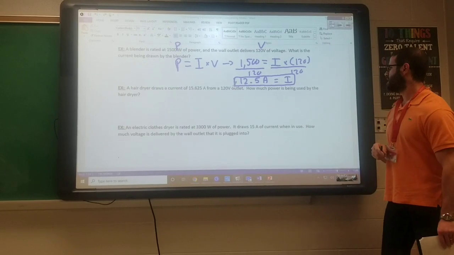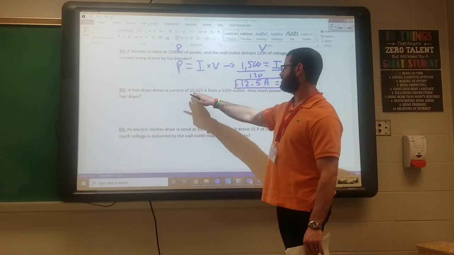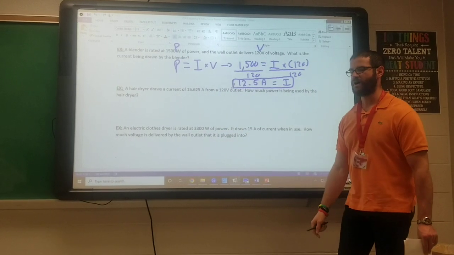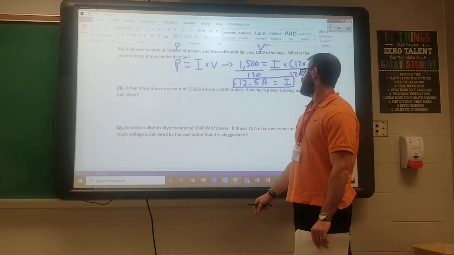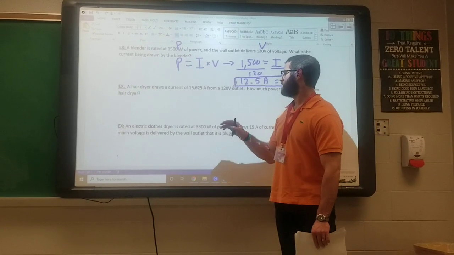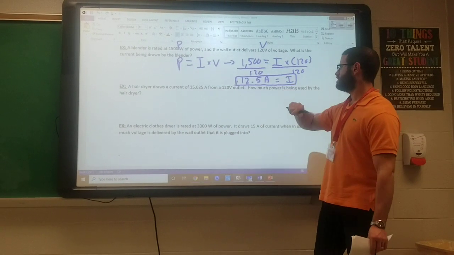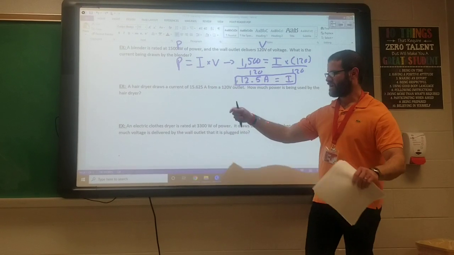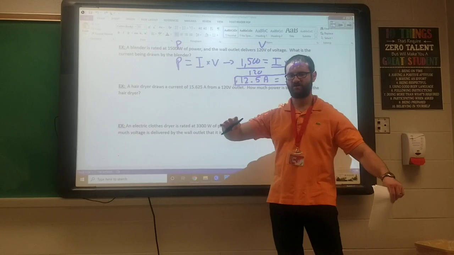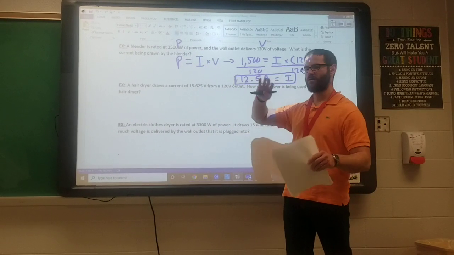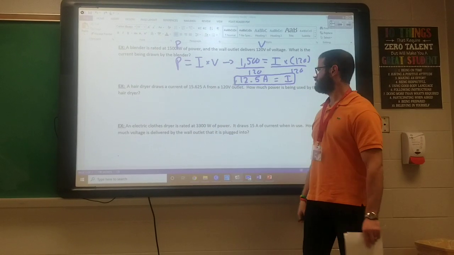The next one says a hairdryer draws a current of 15.625 amps from a 120 volt outlet. How much power is being used by the hairdryer? Just a little background: most of our outlets in this country put out somewhere around 110 to 120 volts.